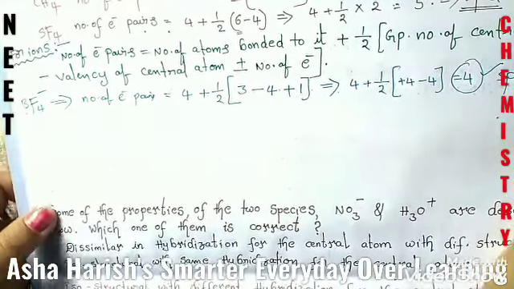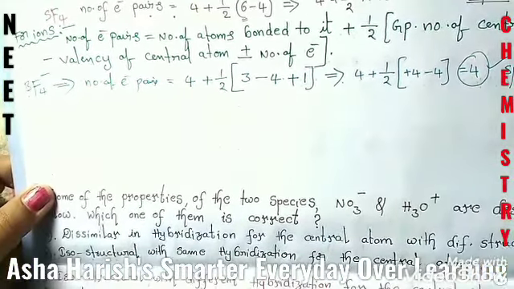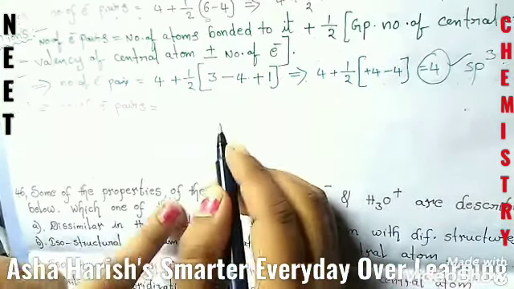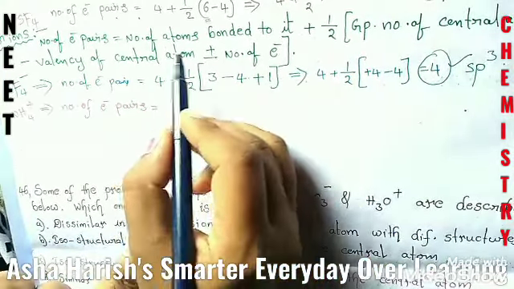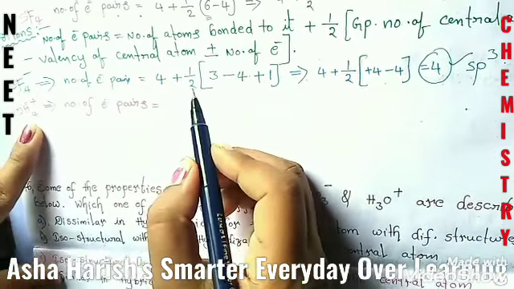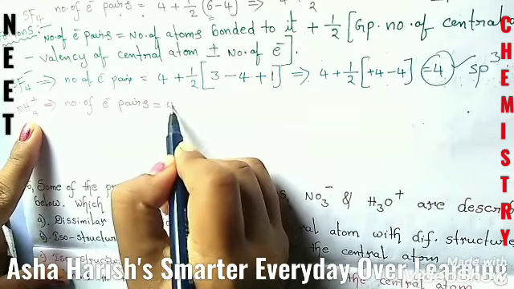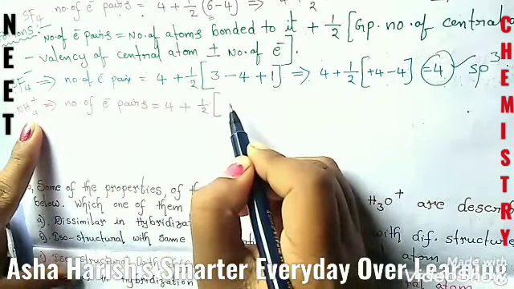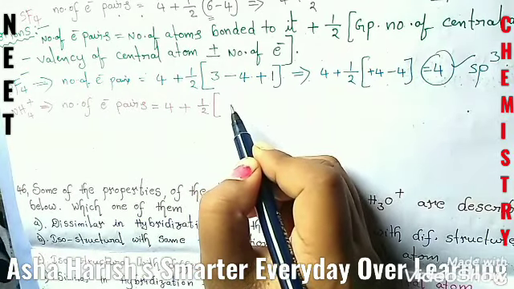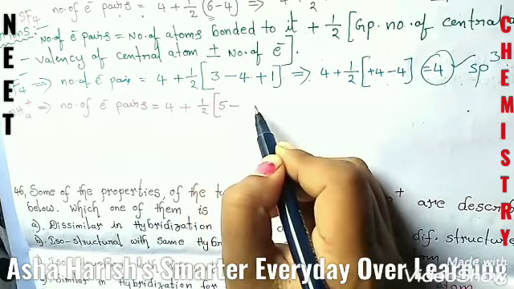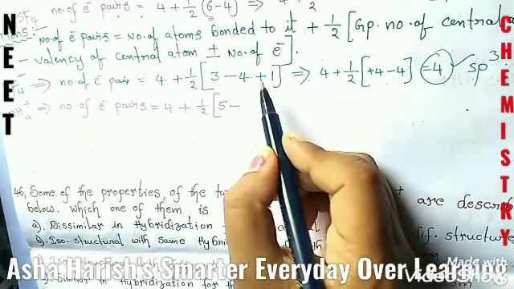For the next ion, NH4 plus, we will do the same type of calculation. Number of electron pairs: number of atoms bonded to it, that is 4 hydrogen atoms bonded to the nitrogen, so 4, plus half into the group number of the central atom. Nitrogen is the central atom, and its group number is 5, minus valency of the central atom.